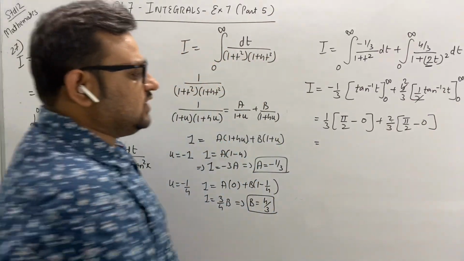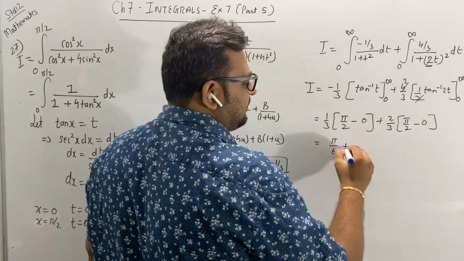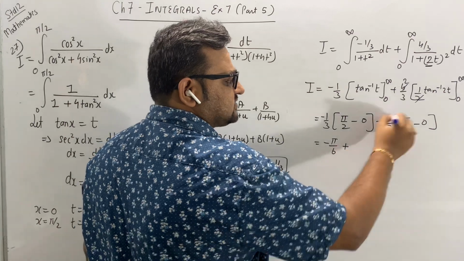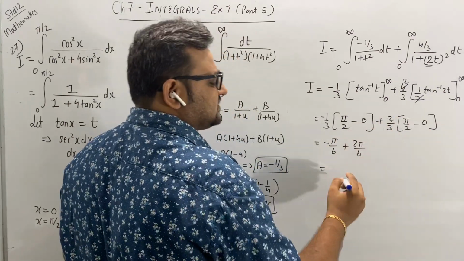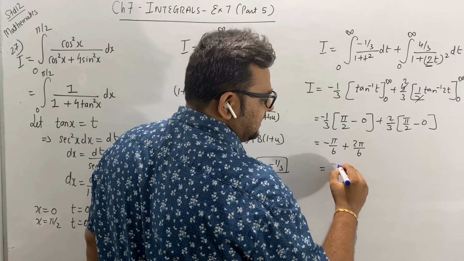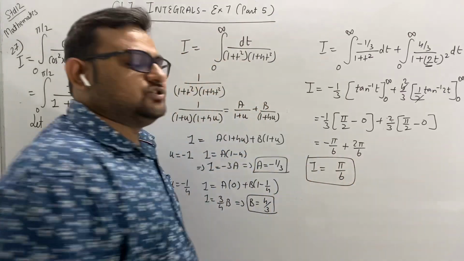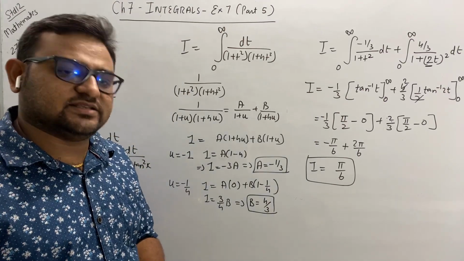So this will be minus pi by 6 plus 2 pi by 6... so minus pi plus 2 pi, it will be pi by 6. So your answer I is equal to pi by 6.